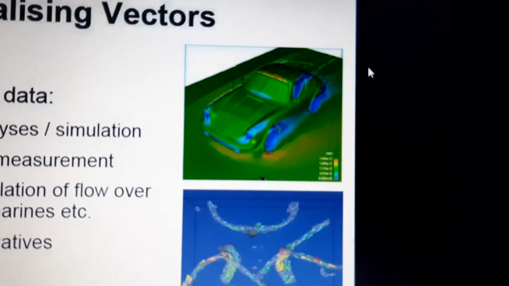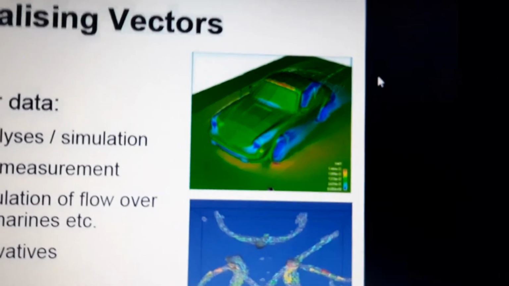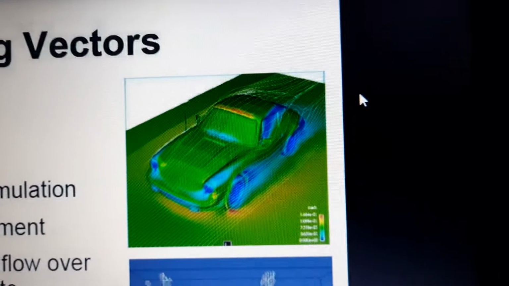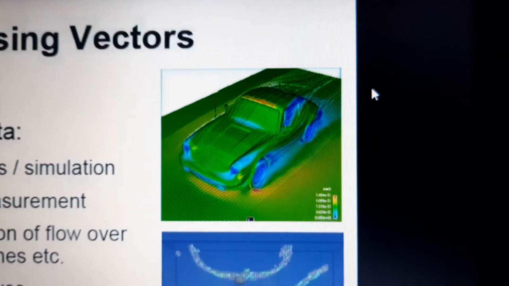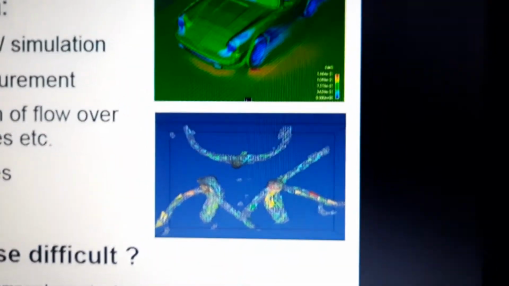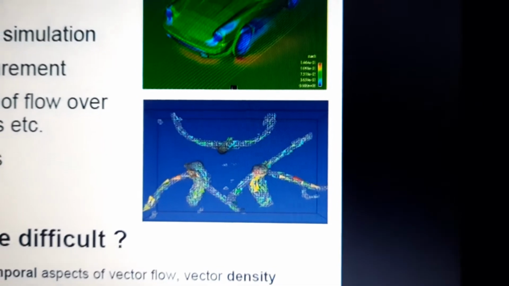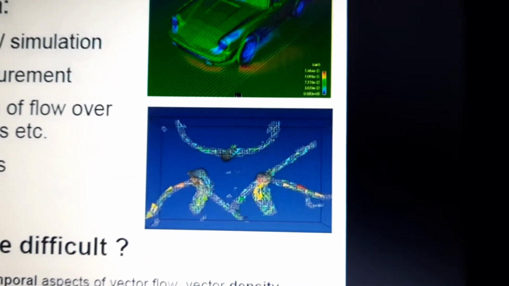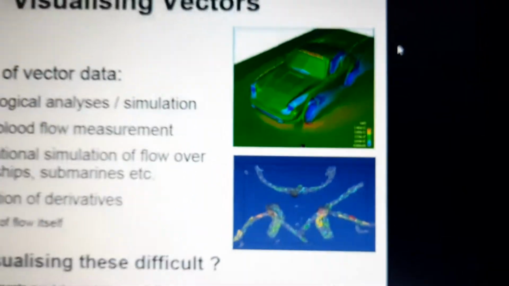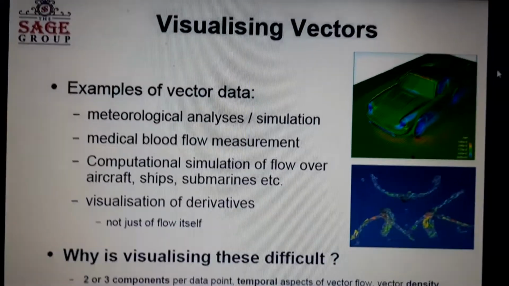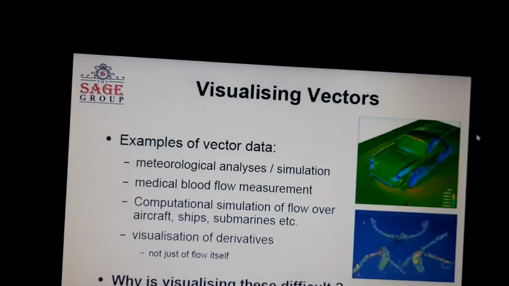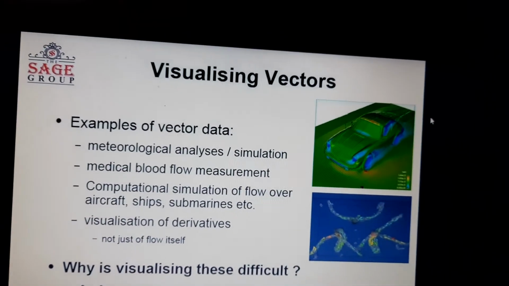Some different color patterns we have used to show that the car is moving. Okay, the second one is describing the flow of the blood. Like this, these are the examples for which we use the visualization of moving objects.